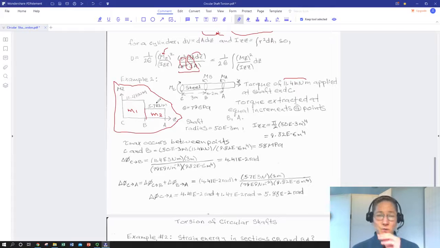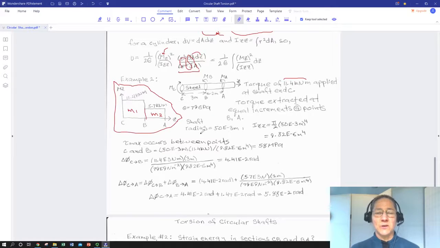So we can do a piecewise integral to get our strain energy and everything else we care about in this shaft by basically adding up what's going on from C to B and B to A. Or if we care about maybe a maximum condition, we can look at which portion of the shaft that would be achieved in. I'm looking at C to B as probably being where, if we're going to get maxima in shear stress, for instance, I would be concerned about it in here.